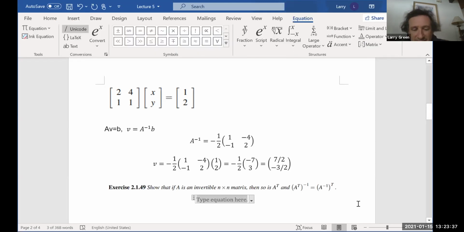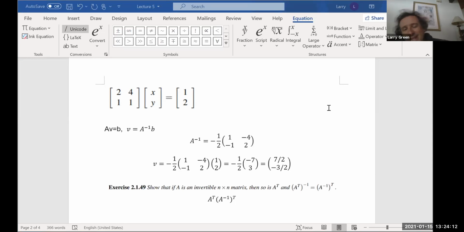So what I need to do is take A transpose, and then multiply it by A inverse transpose. Any questions on that? Okay, but we had a theorem about multiplying A transpose times B transpose.